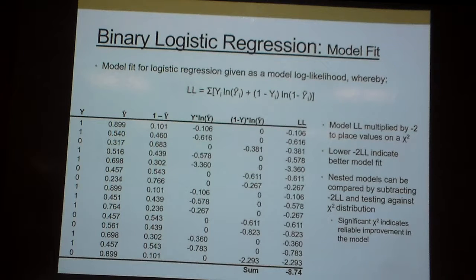If the difference between those 2 log likelihoods exceeds a critical value for chi-square with 2 degrees of freedom, then we would say, yes, it looks like the inclusion of these interaction terms has produced a reliable increase in the overall quality of this model.